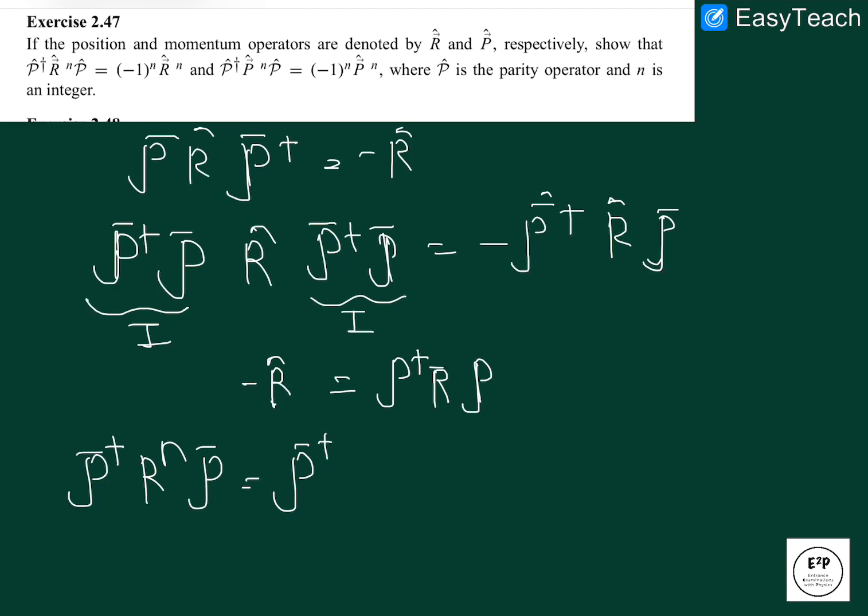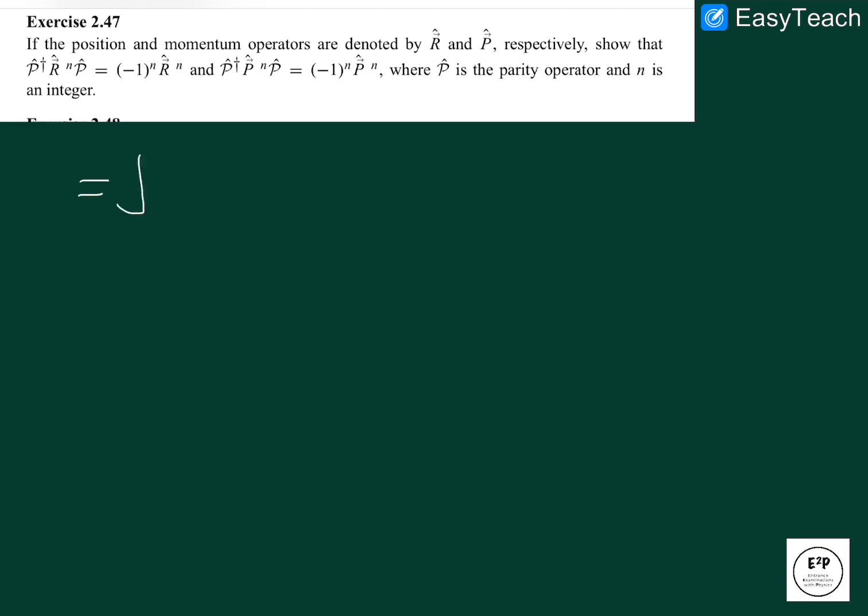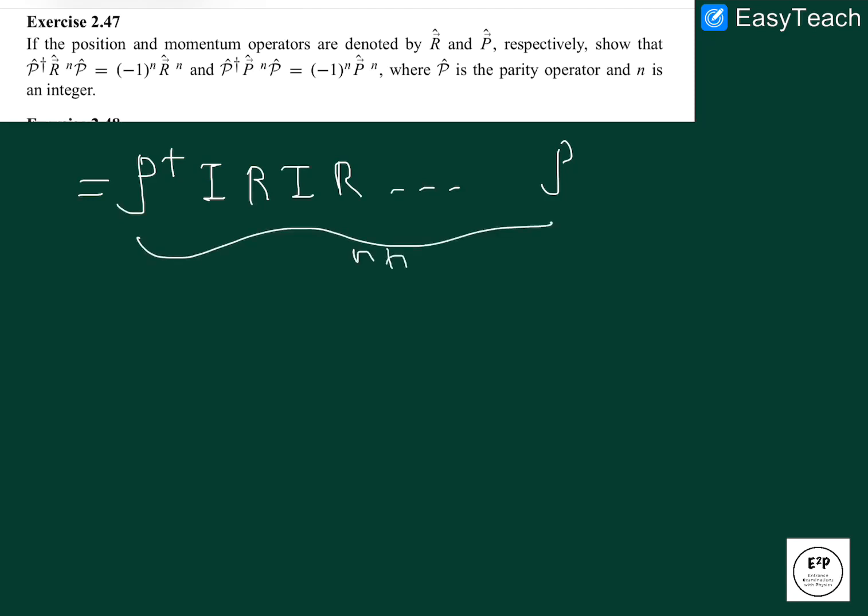If I write this further as r n times, we can introduce the identity operator in between, P dagger r, and so on.